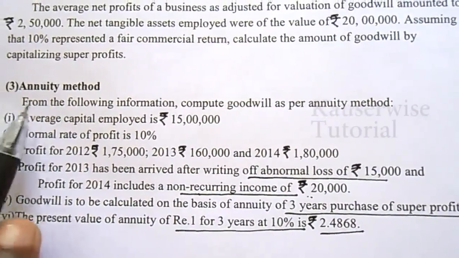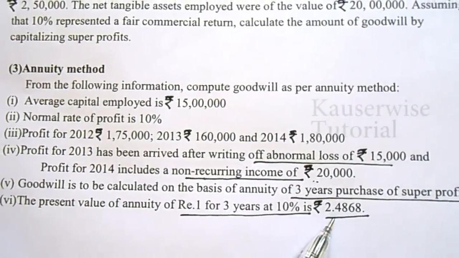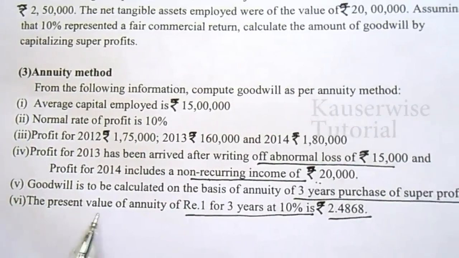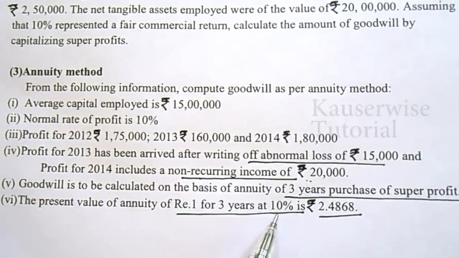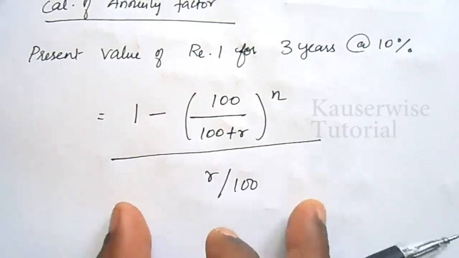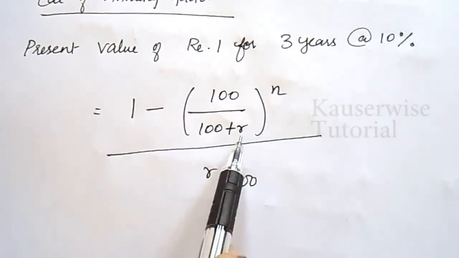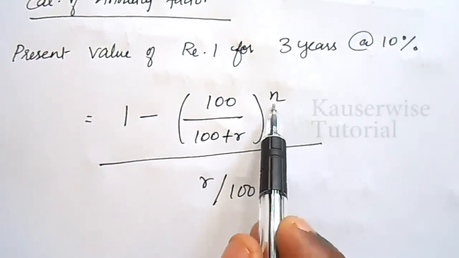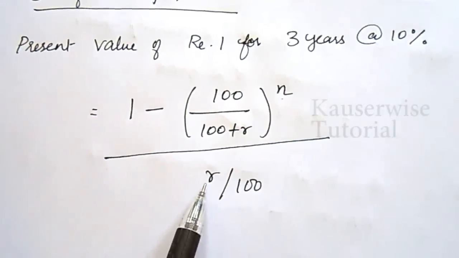See, according to annuity method, if the annuity factor is not given in the problem, there is a separate formula to calculate this. The present value of annuity of rupee 1 for 3 years at 10%. Let me show how to find this value. This is the formula: 1 minus 100 divided by 100 plus R, power N, divided by R by 100. R means rate of percentage. N denotes number of years, which is 3 years. Rate is 10%.